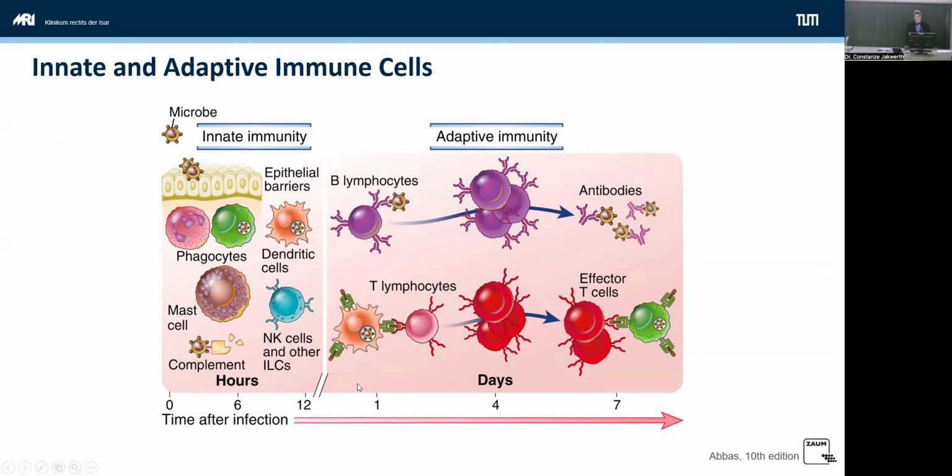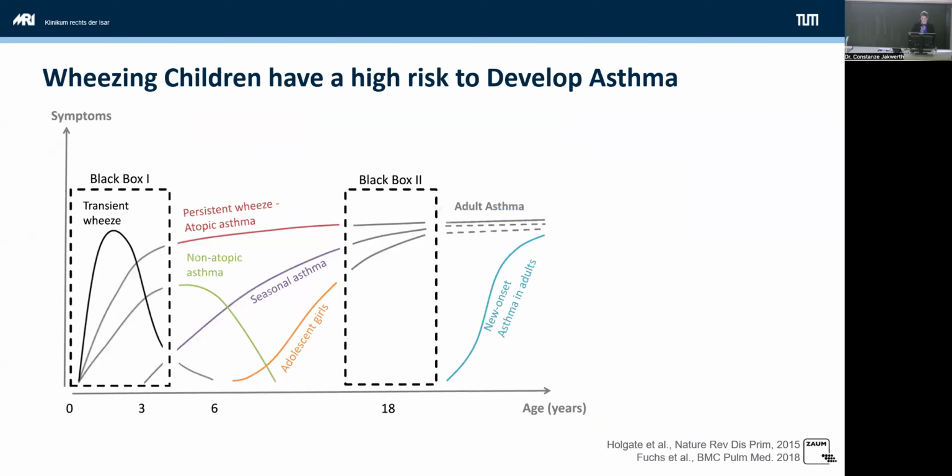And the main feature of the innate immunity is that they react very fast. As you can see here, they migrate to the site of infection within 1 day or half a day, within the first hours, but they react unspecifically to the pathogen, which is in contrast to the adaptive immunity, which then comes in later and specifically attacks the certain pathogen.